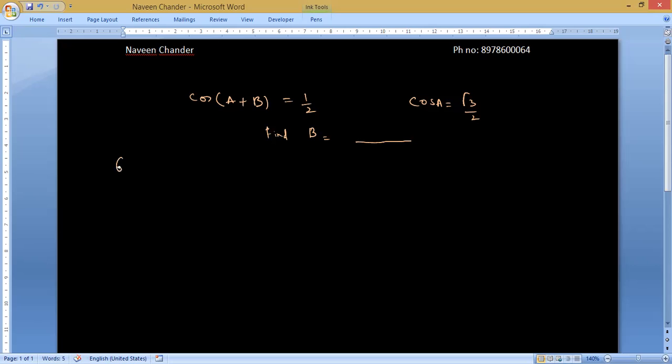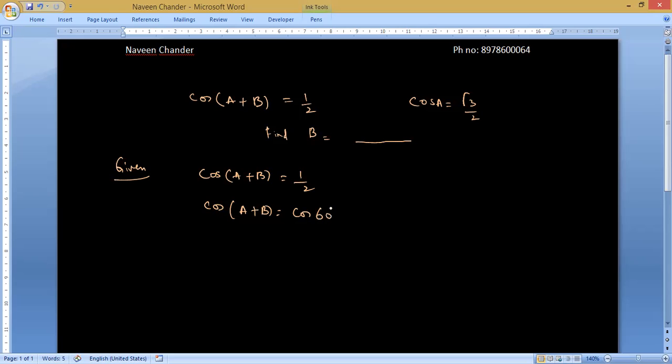So what is given in this: cos A plus B equal to 1 by 2. I'll change it so that you get 1 by 2 in cos, that is cos 60.